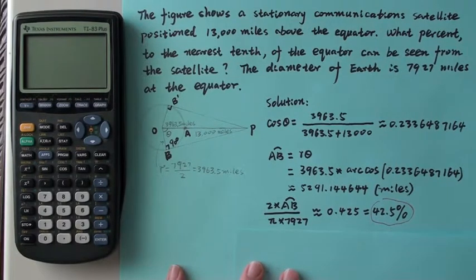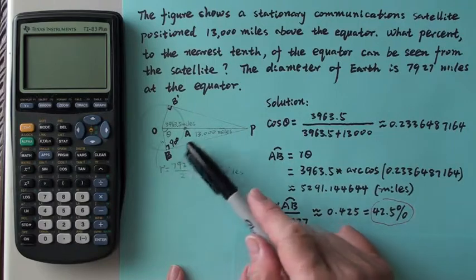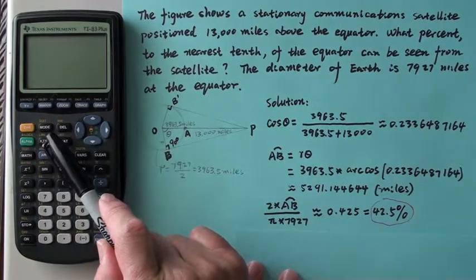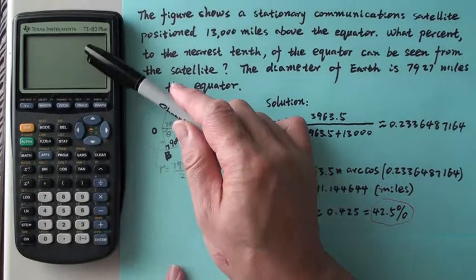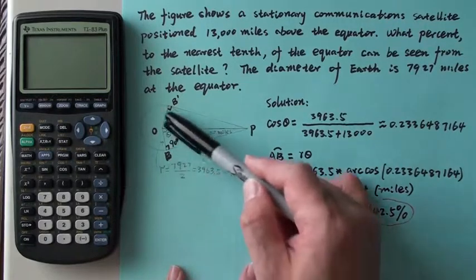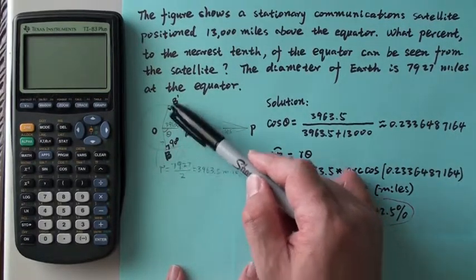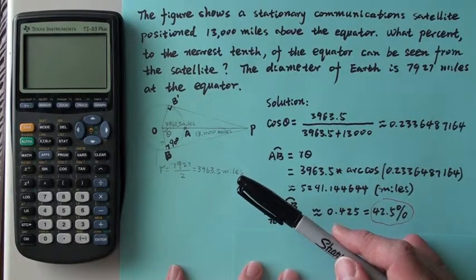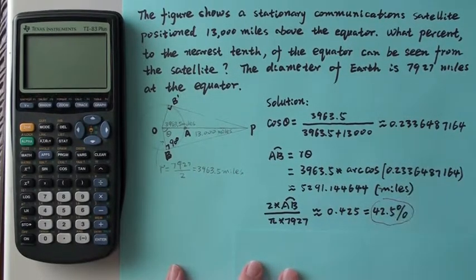So two satellites are not enough. If you have another one right here, one here, one here, one here, you should be able to see all parts of the equator.